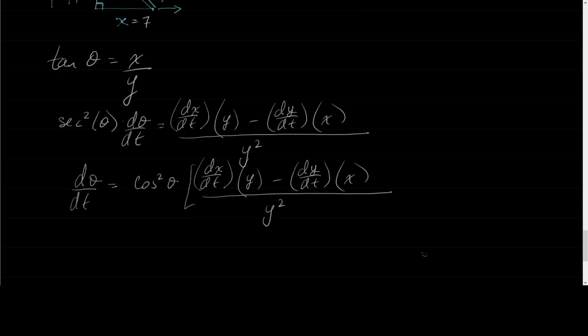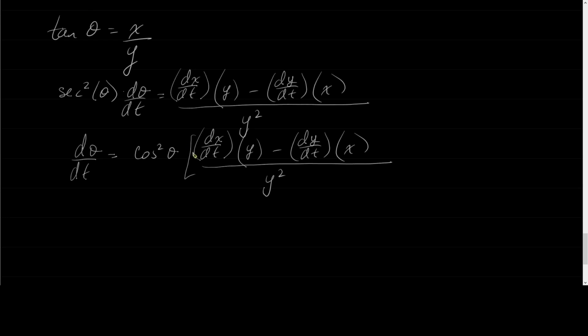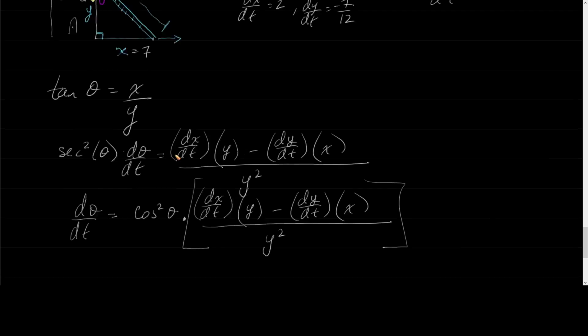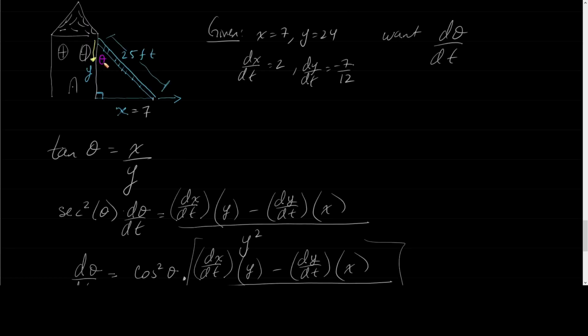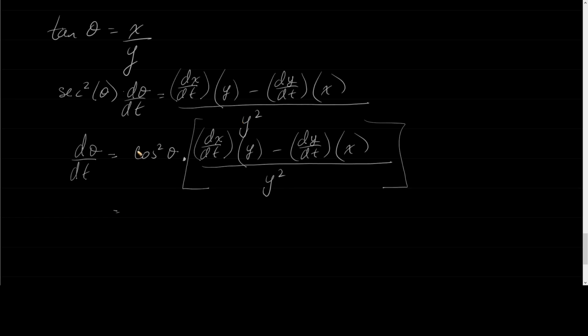Now let's go ahead and finish solving this, right? So cosine squared theta times all of that. All right, well, I have cosine squared theta, but I need cosine theta. Cosine from the Pythagorean theorem is adjacent over hypotenuse. At this specific point, when x is 7, y is 24, right? So what I can say here is that cosine was the adjacent, 24, over the hypotenuse, 25, squared, all right?